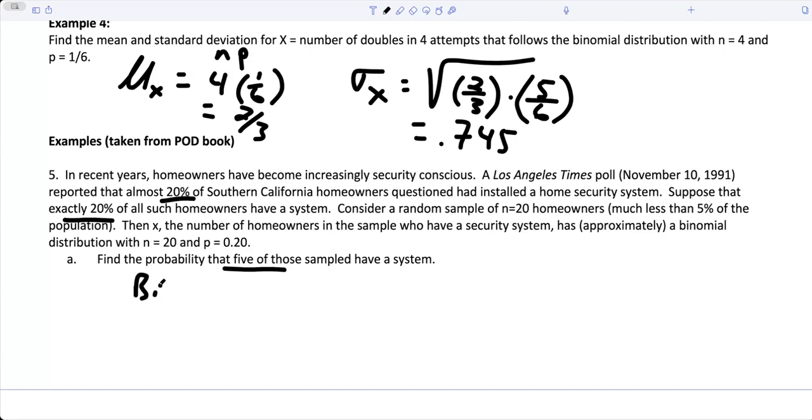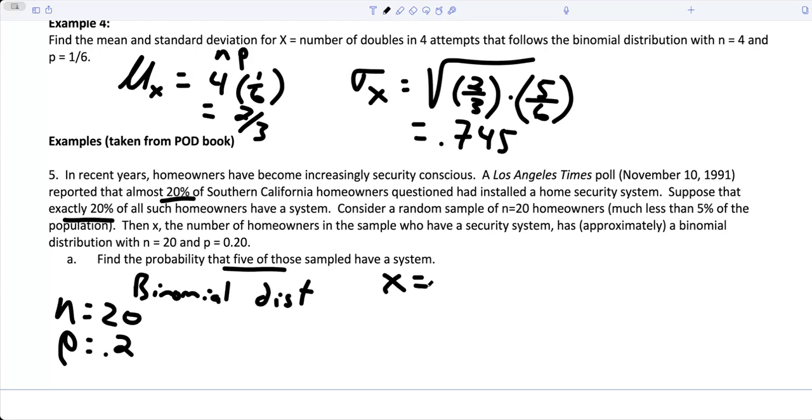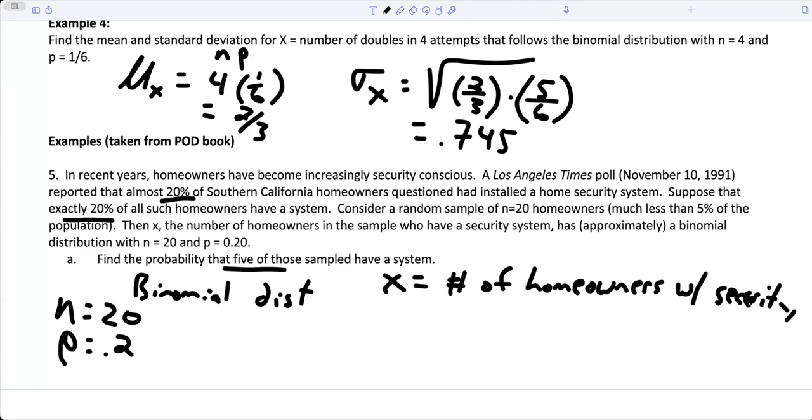Okay, so this is a binomial distribution. We've got n equal 20, p equal 0.2, and we are going to define x as the number of homeowners with a security system. And I want to find the probability that x is equal to 5.